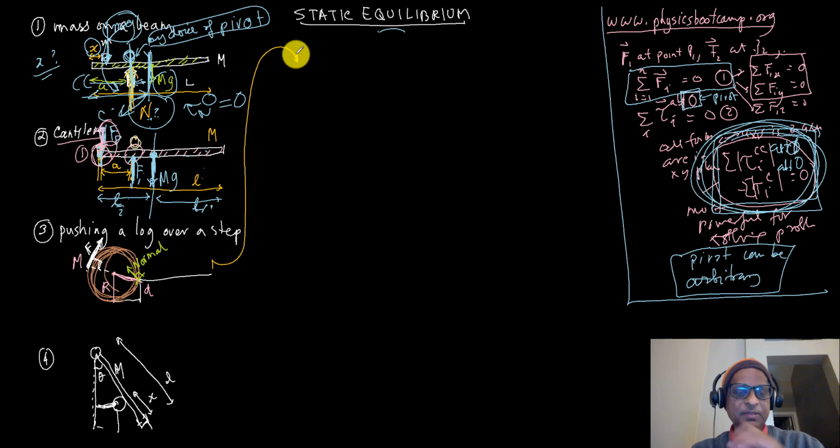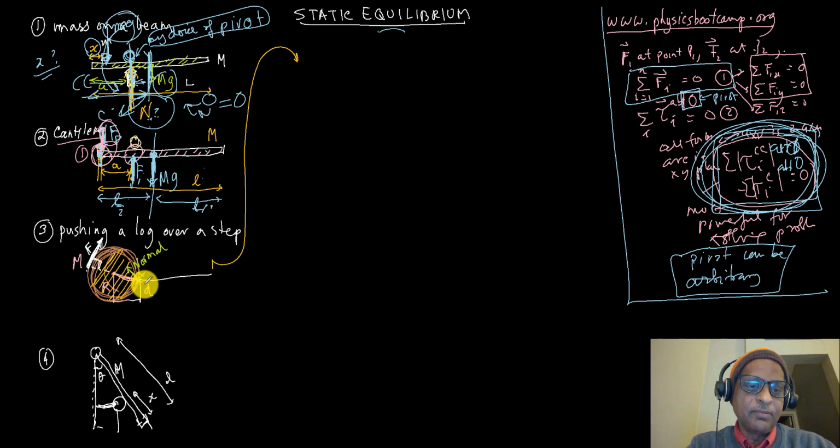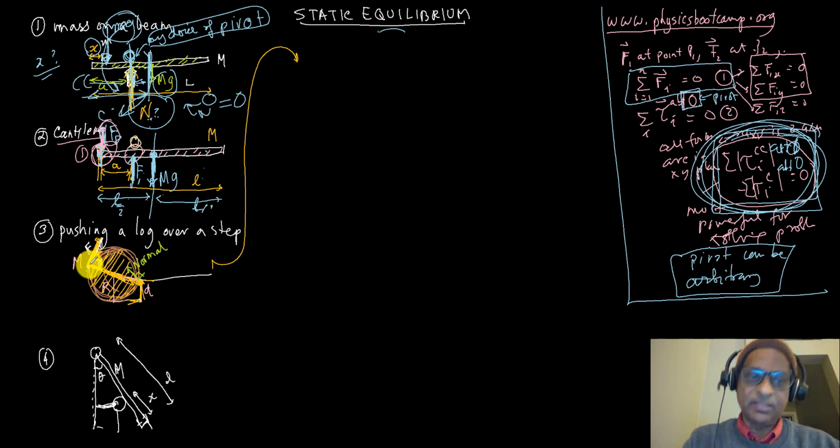Suppose you're pushing, so here is a log and here is a step, and you're pushing this log in this direction, which happens to be from the tip. If you go through the center on the other side, then this is 90 degrees. So that's the given.